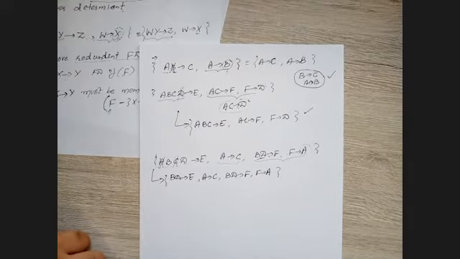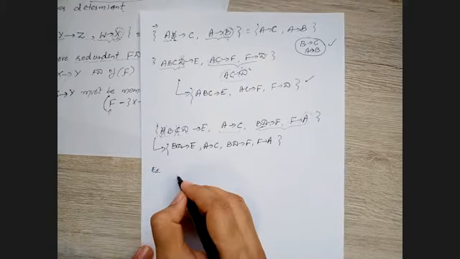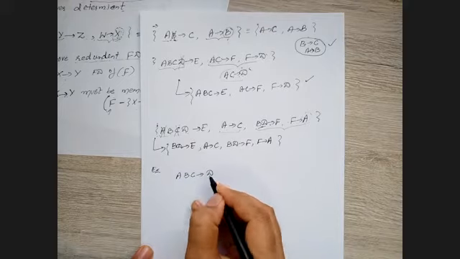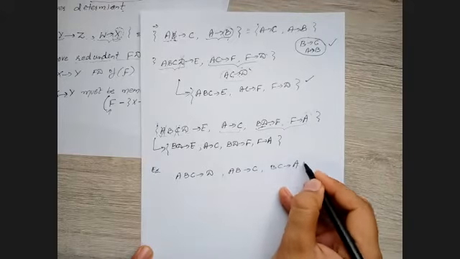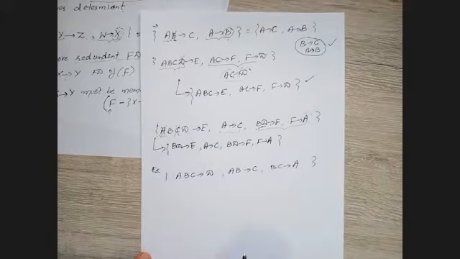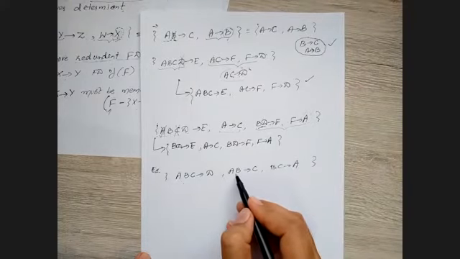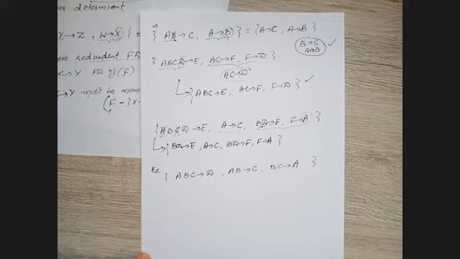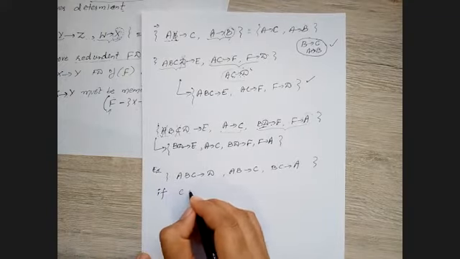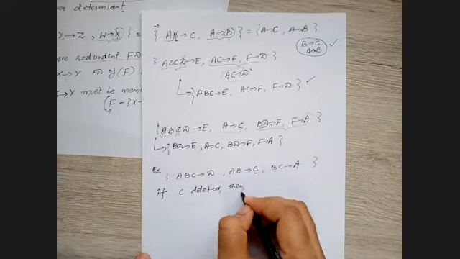So understand now this example. If you have doubt: ABC determines D, AB determines C, and BC determines A, for example. See, BC determines A, so we can eliminate this A. But at the same point of time, AB determines C. Can we eliminate this C also? Understand, if C is deleted, then what functional dependency set do we have?